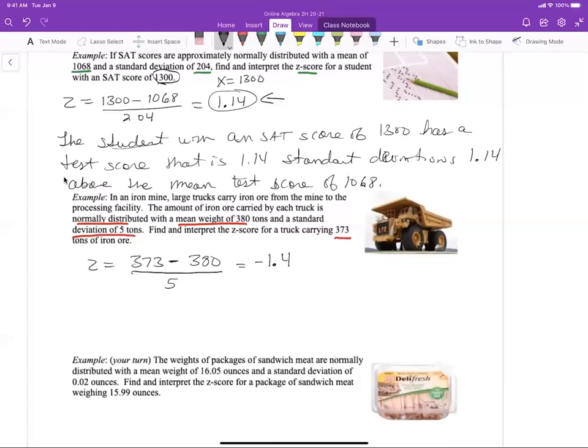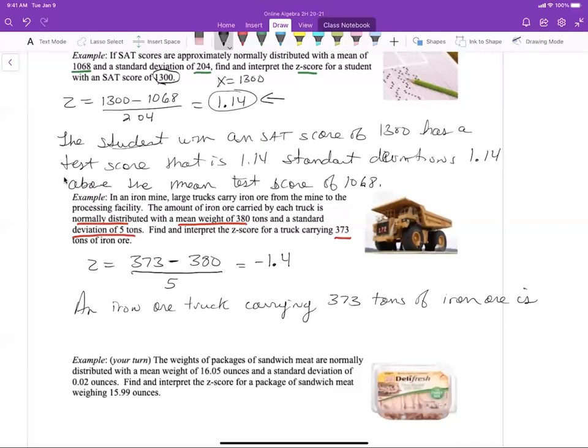Now I'm 1.4 standard deviations below the mean. So I have an iron ore truck that is carrying 373 tons of iron ore.